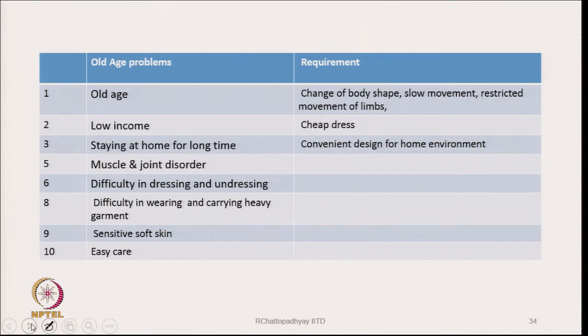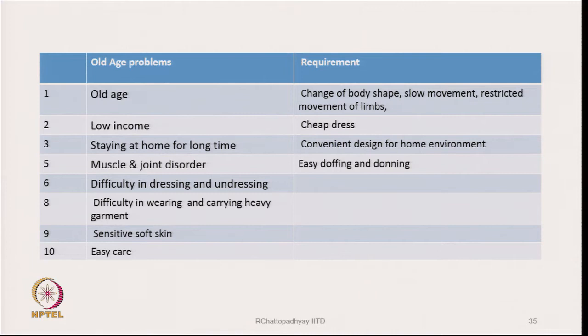Then muscle and joint disorder. Therefore, we have to design for easy doffing and donning. Then next is difficulty in dressing and undressing. So, this also needs easy doffing and donning.